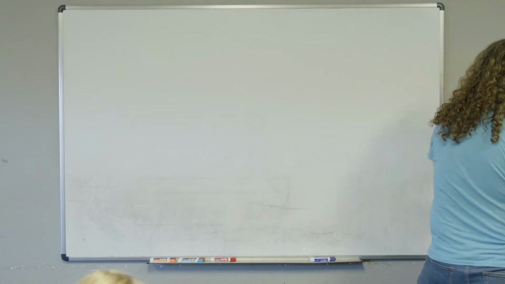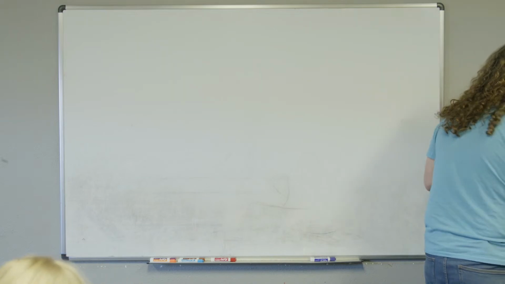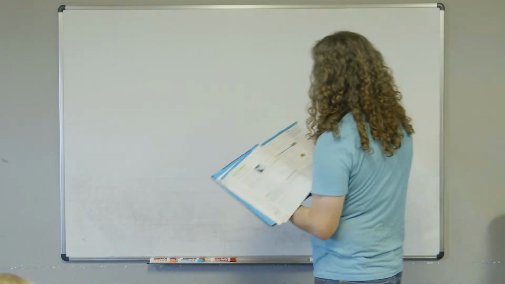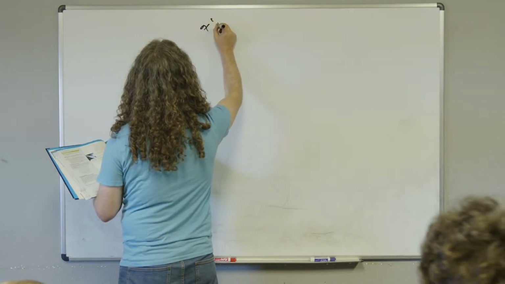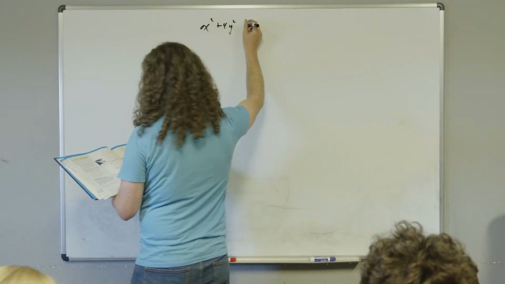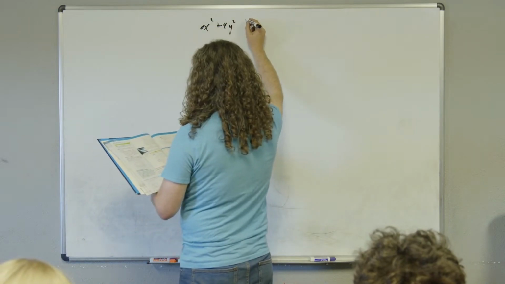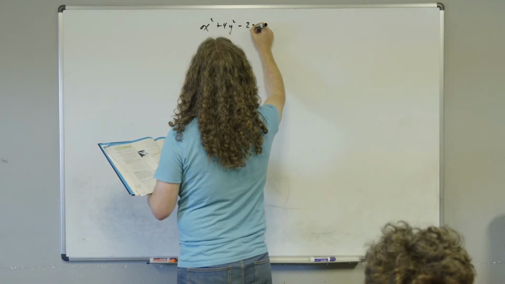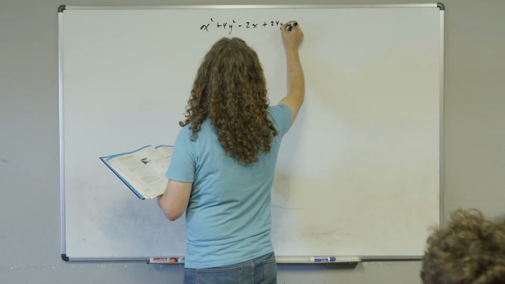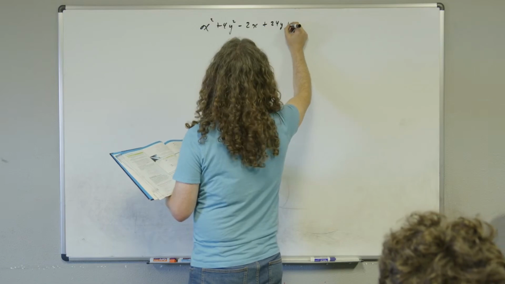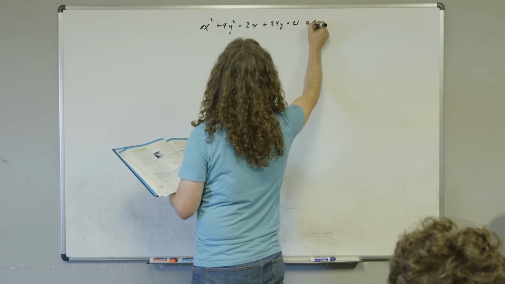The equation is x squared plus 4y squared minus 2x plus 24y plus 21 equals 0.